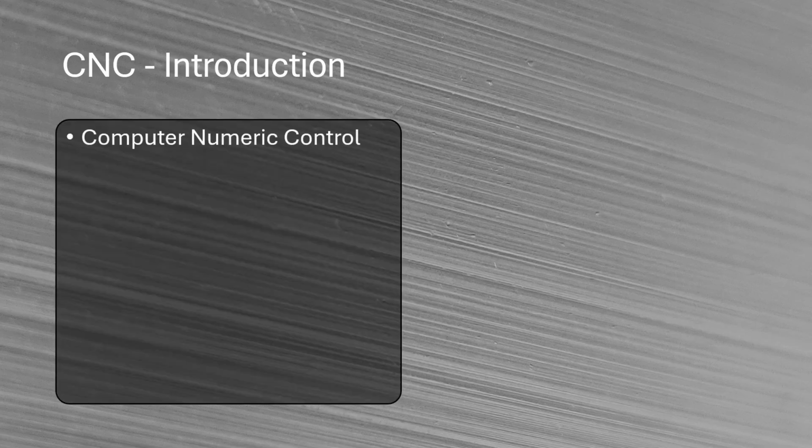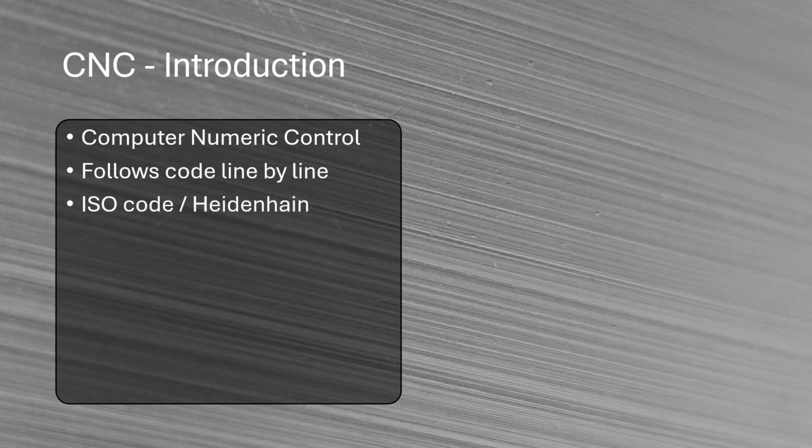Okay, so CNC introduction. CNC stands for computer numeric control. A CNC program follows code line by line. There are different types of code. The two big ones are ISO code, as it's called, and Heidenhain. ISO code is the standardized code that has G and M codes, as you may have heard.